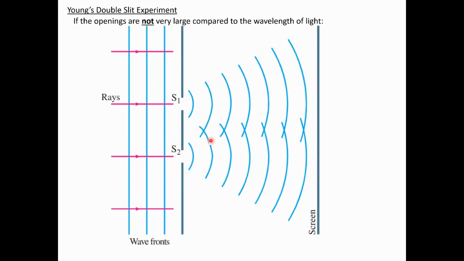And therefore, the two sets of wave fronts that come out of the slits interfere with one another, and you get a pattern on the other side of light, dark, light, dark, light, dark.